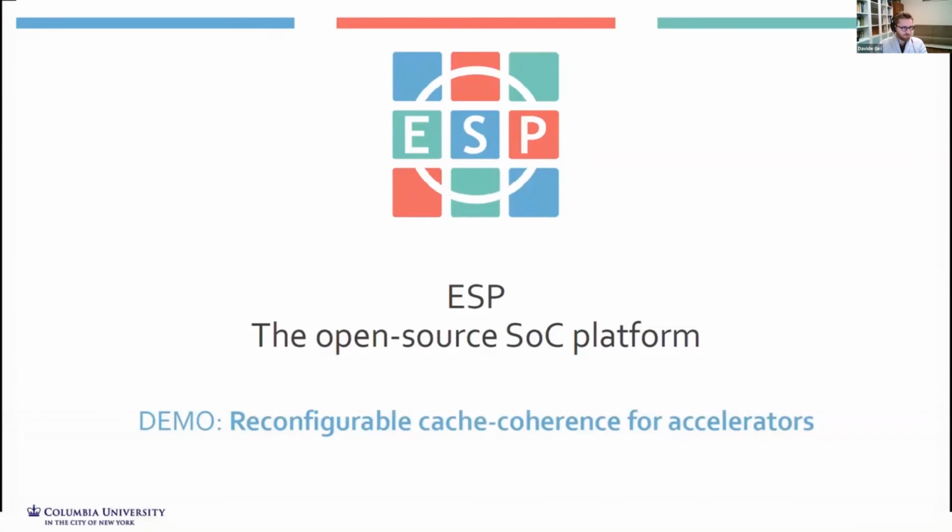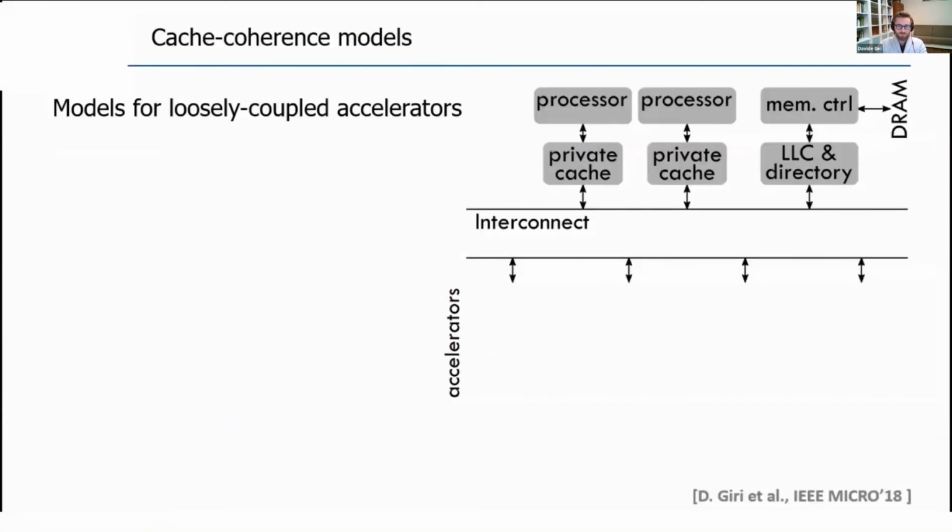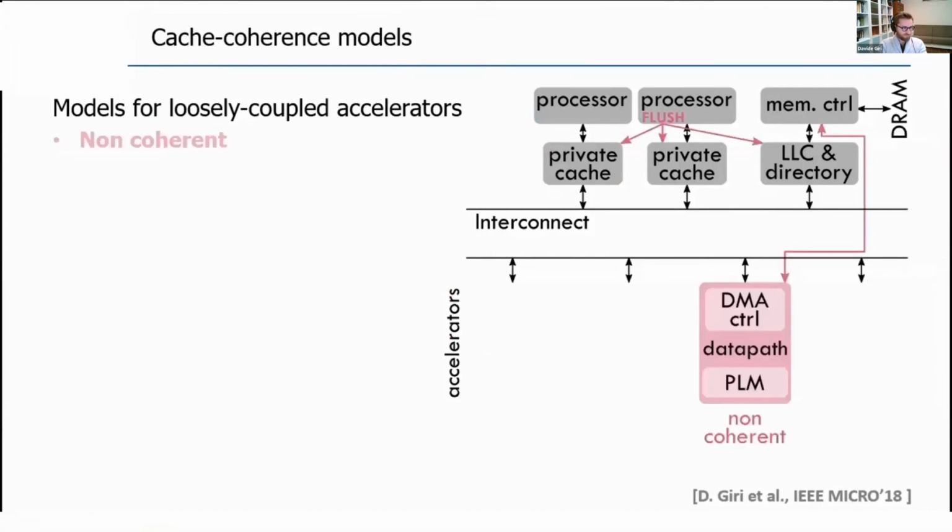In this demo, we are demonstrating on FPGA our work on reconfigurable cache coherence models for accelerators. There are three main cache coherence models for accelerators. The non-coherent model has accelerators bypass the cache hierarchy and do direct memory access to the DRAM.